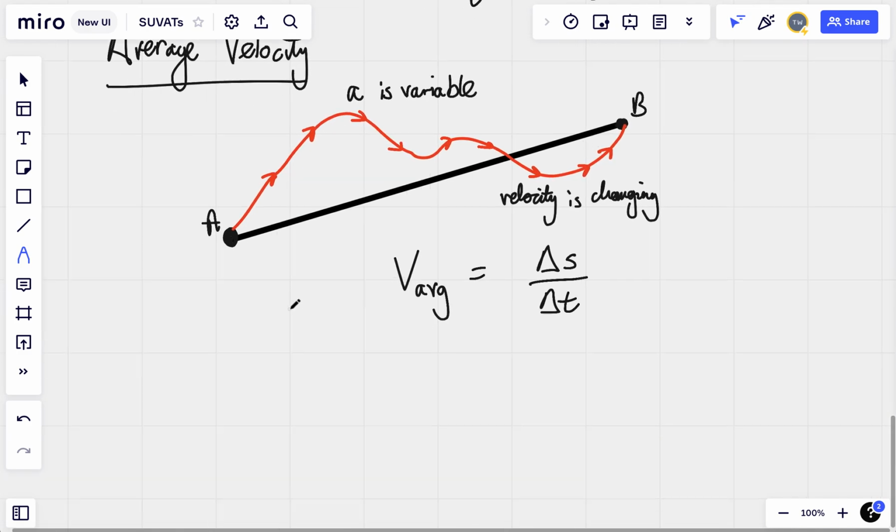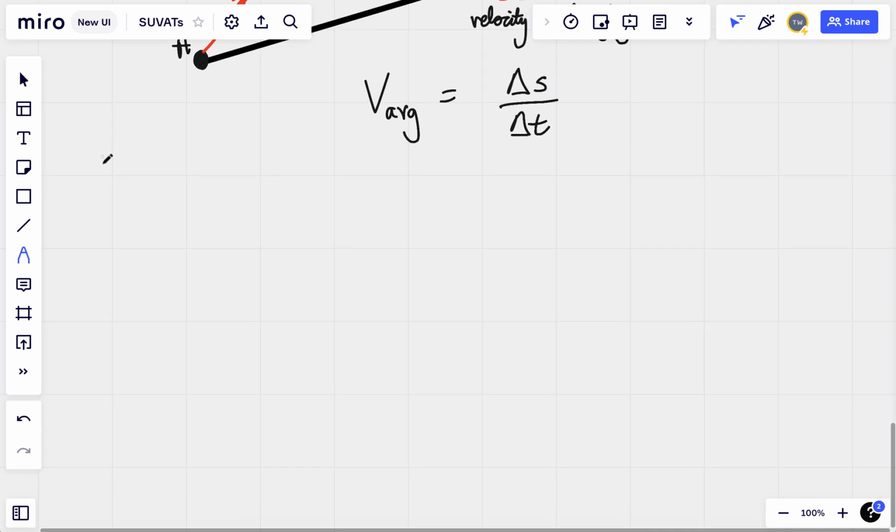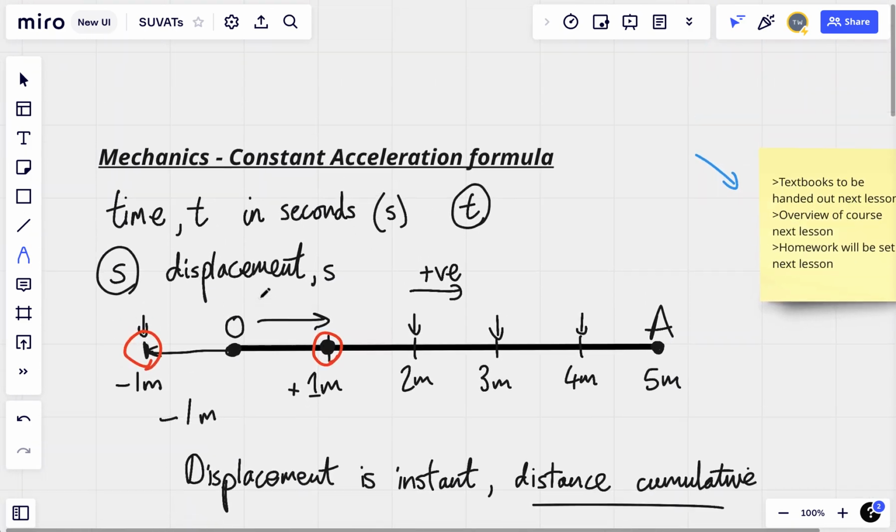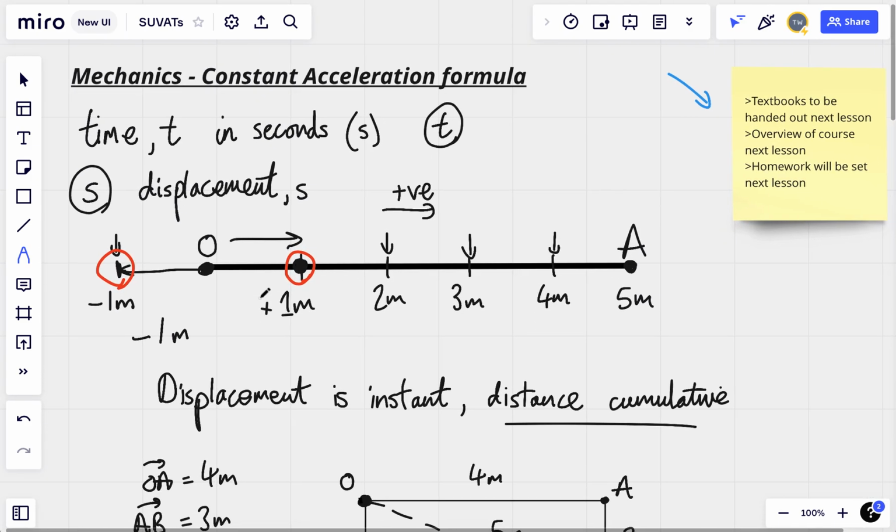So, if, and this is a big if, my acceleration is constant, which by the way we're assuming it is, okay, if we go all the way back up here, constant acceleration formula is what we're looking at. So we're assuming constant acceleration.